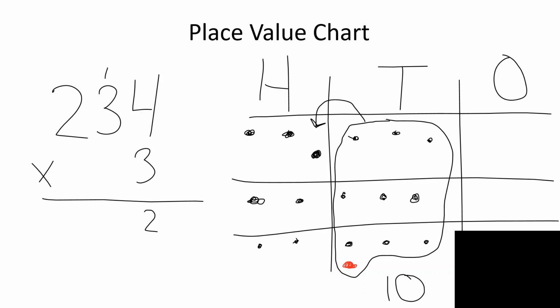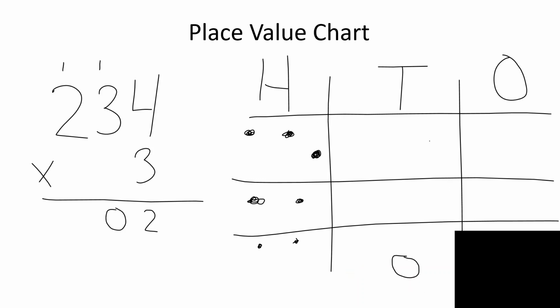So I take that and I just move it right over, and then I get rid of my tens in my place value chart. So now I have 0 tens, which I show in my equation, and I make sure that I also show that 1 hundred that I carried over to my hundreds place.